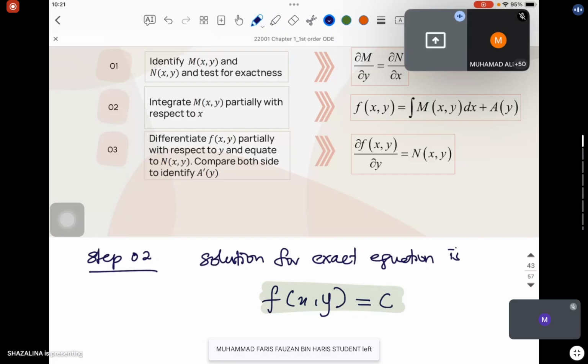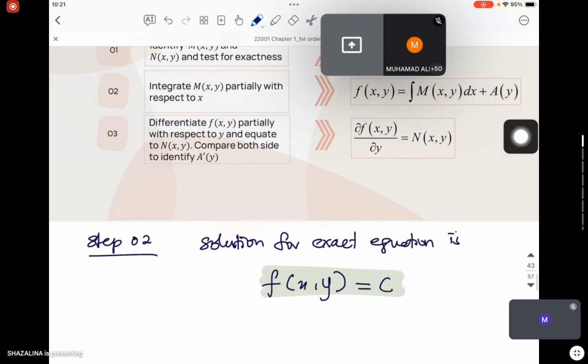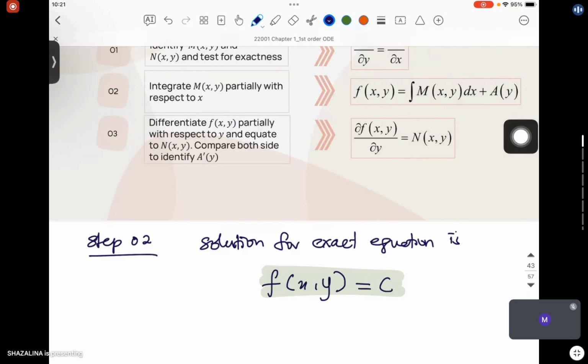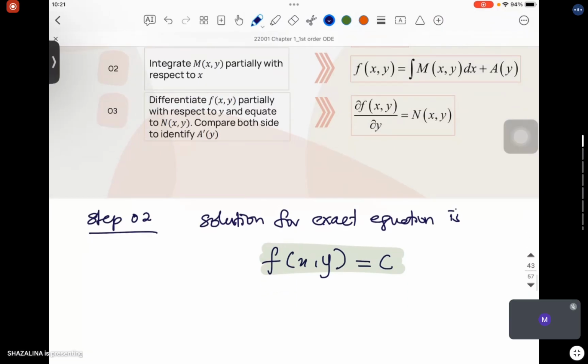So for step number 2, f(x, y) here represents this formula. Okay, so apa f(x, y) tu? f(x, y) adalah integrate M, where M(x, y) is a function of M, where we can get the M based on your general form. M ni daripada general form.